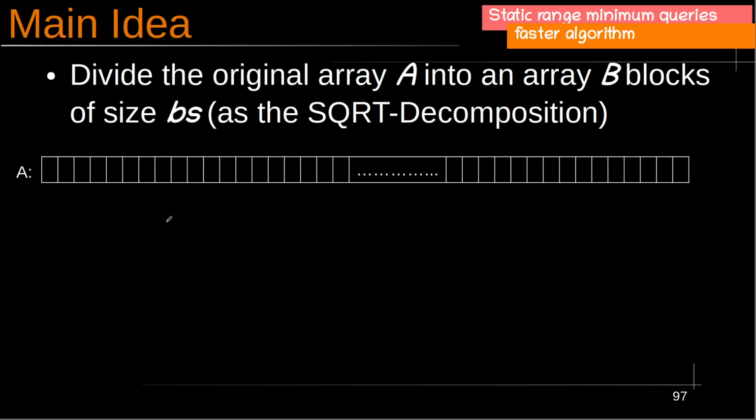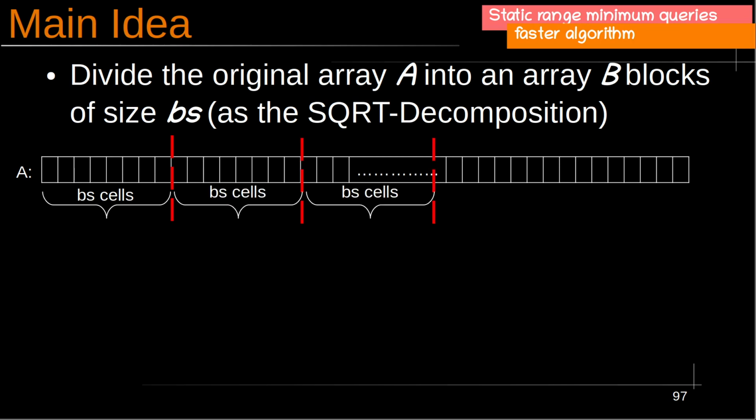The main idea here is to divide the original array into an array of blocks, each of size BS. Like the square root decomposition, but it's not the square root here. The idea is to divide the original array A into blocks of the same size, called BS for now, block size.